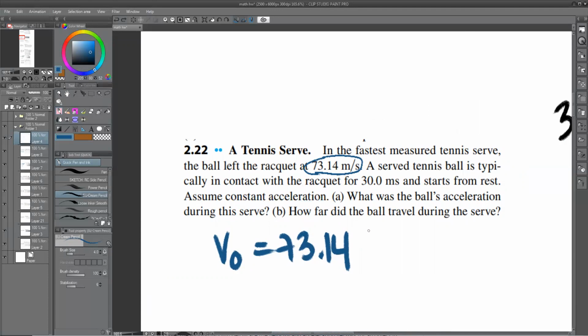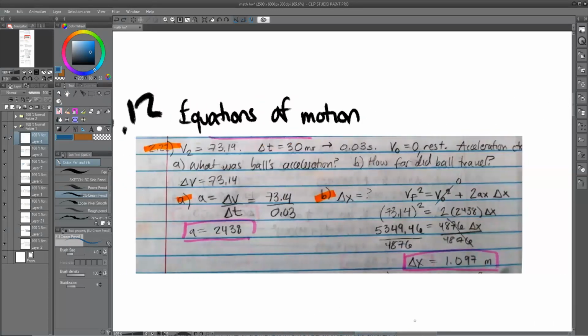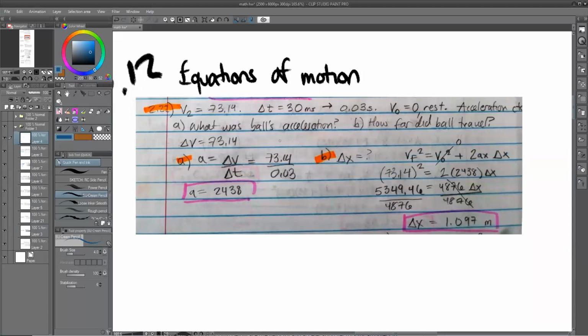So acceleration is constant. Okay, so actually, my mistake. We're not using the 73.14 as the initial. We're using it as V2, because when you're looking at this problem, this is basically what they're asking.